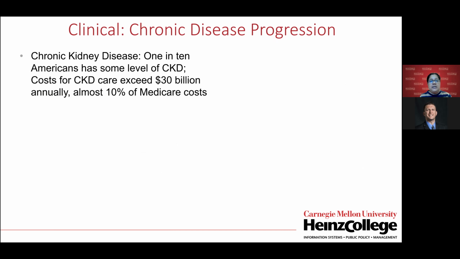And by that, you mean diabetes or high blood pressure, chronic lung disease, asthma, obesity, cancer. These are all chronic conditions. 60% of our adult population has at least one chronic condition, and 40% have two or more.